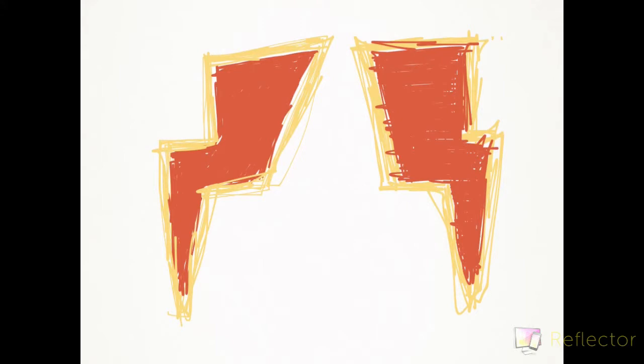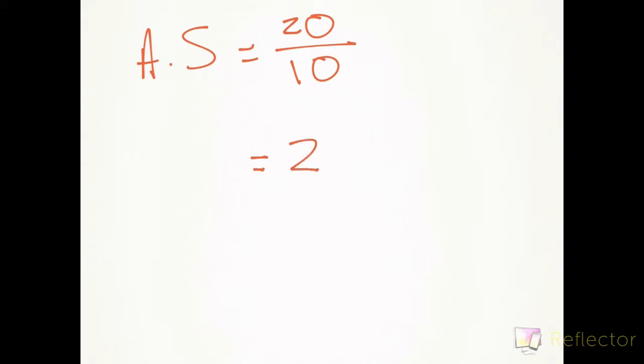Here's another example of rate of change or distance over time. The Flash can run 20 kilometers in exactly 10 seconds. We need to find his average speed or his rate of change. His average speed is equal to 20 kilometers over 10 seconds, and that gives us a really nice answer of 2.